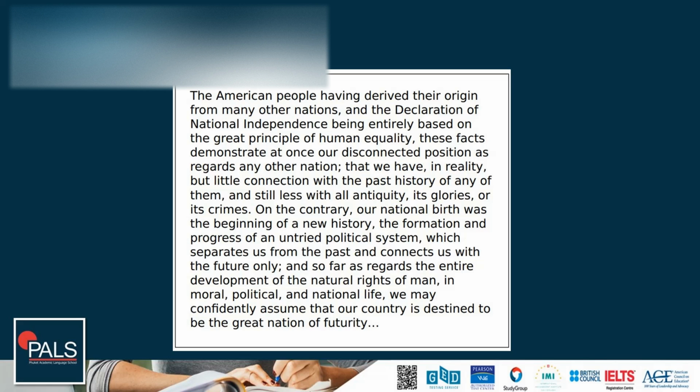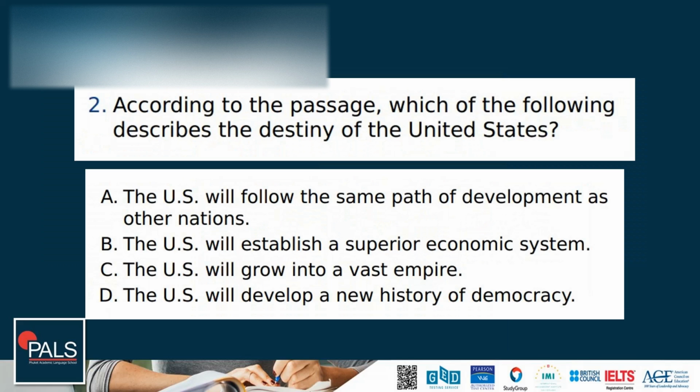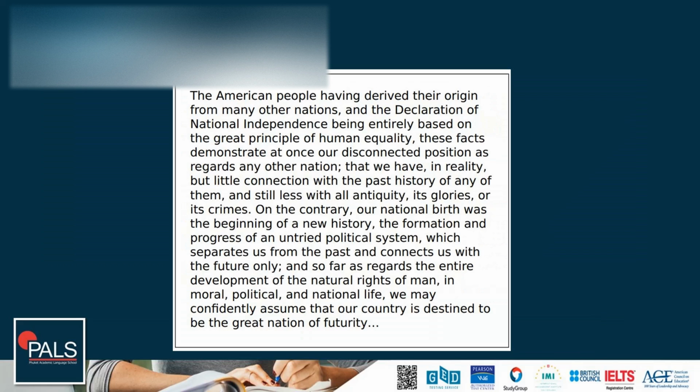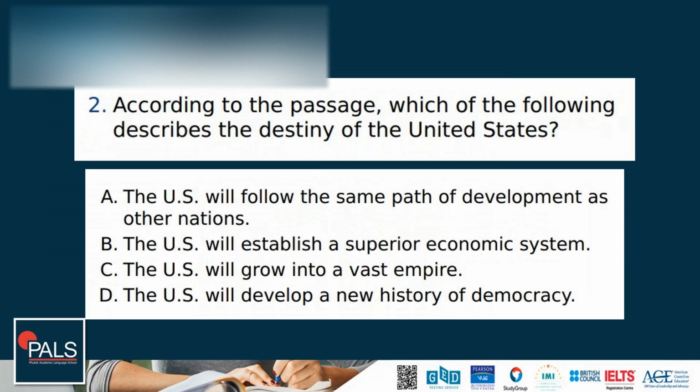So we can decide that that does not make sense either. So D, the U.S. will develop a new history of democracy. This is the best answer. And if we look at the text again, we can find that the formation and progress of an untried political system, which separates us from the past and connects us with the future, regards the entire development of the natural rights of men. These are all new democratic ideals. So D is the correct answer.